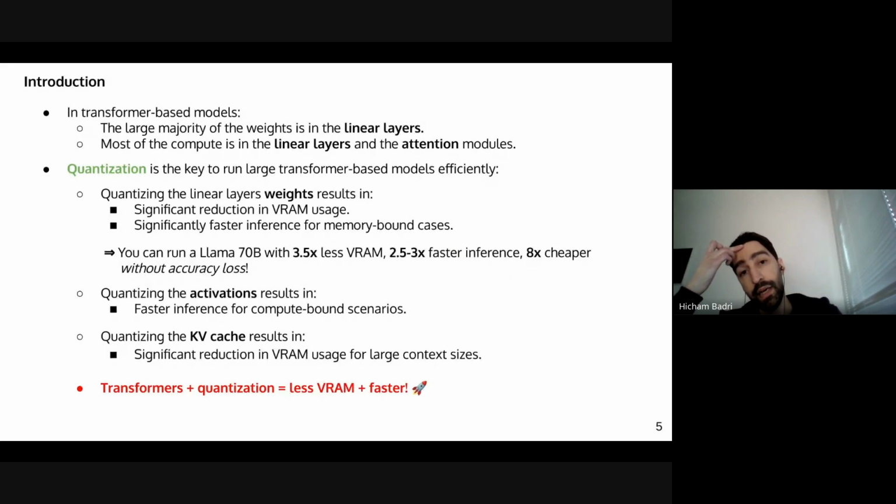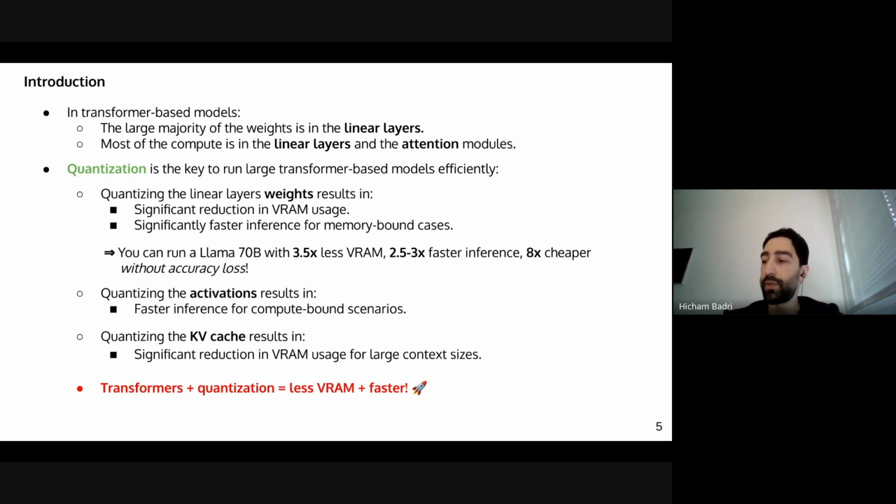Quantization is especially interesting for transformer-based models, because most of the weights are actually in the linear layers. In contrast to convolutional neural networks, where most of the weights are in the last classifier layer. So things in transformers are more interesting because the models are very large. Most of the weights are in the linear layers.